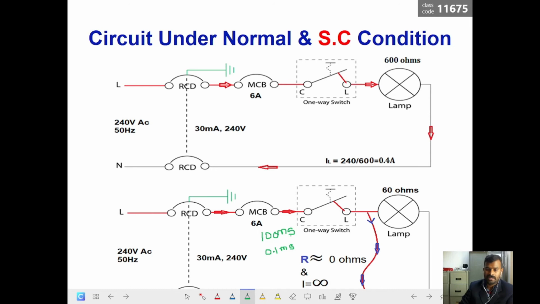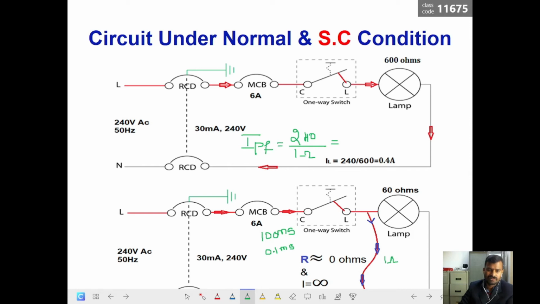For example, I consider all the resistance offered by the RCD, MCB, switch, and this conductor all together. For example, I have 1 ohm of resistance here. So the short circuit current would be 240 volts divided by 1 ohm. Now the IPF, or the short circuit current, IPF.